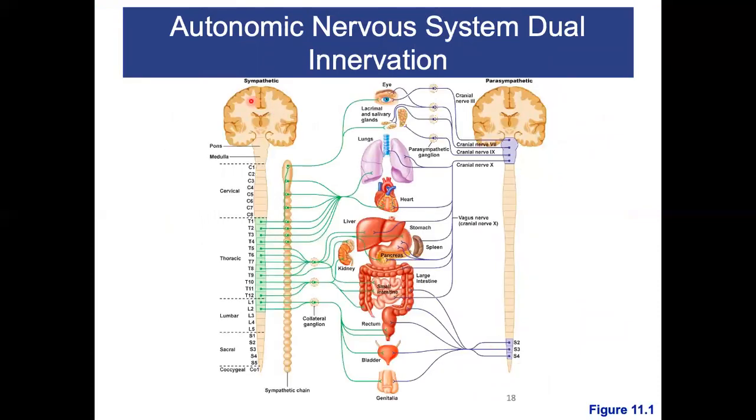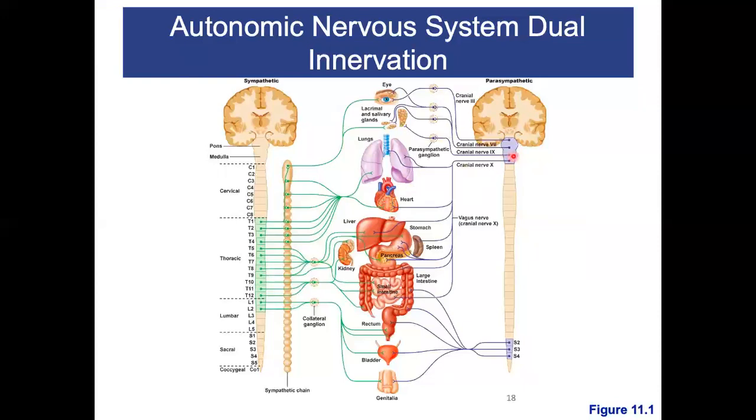Sympathetic is on your left and parasympathetic is on your right. Sympathetic exits the central nervous system from T1 to L2, connects in the chain ganglion, and we're going to look at the heart. So there's a sympathetic cardiac nerve that innervates the heart.